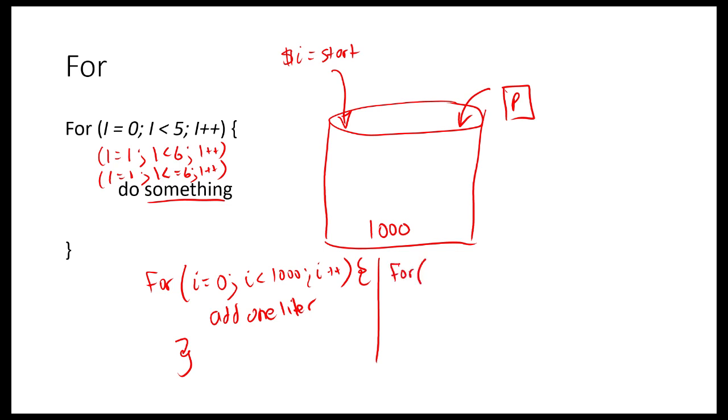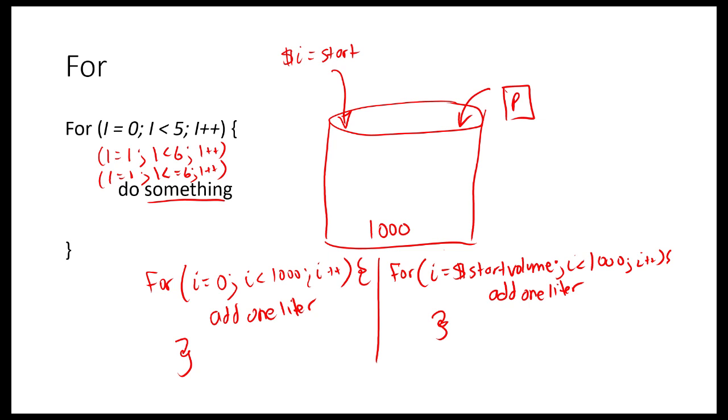We can say for I equals start volume, I is less than 1,000, add 1 liter. So now, let's say our starting volume is 500 liters, then we're only going to add 500 more liters, not 1,000.